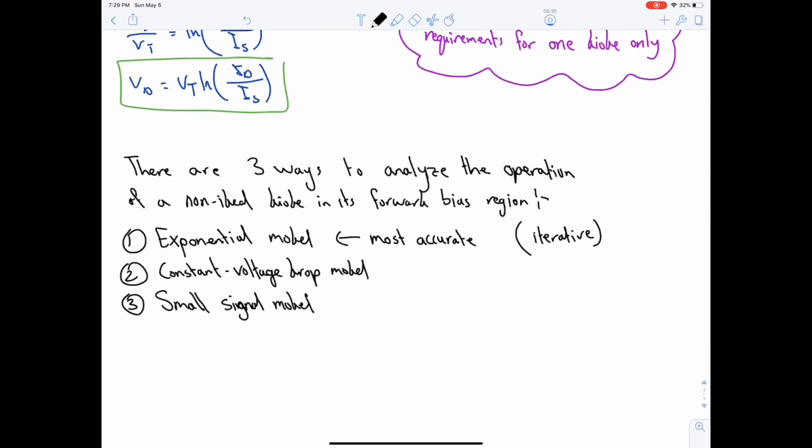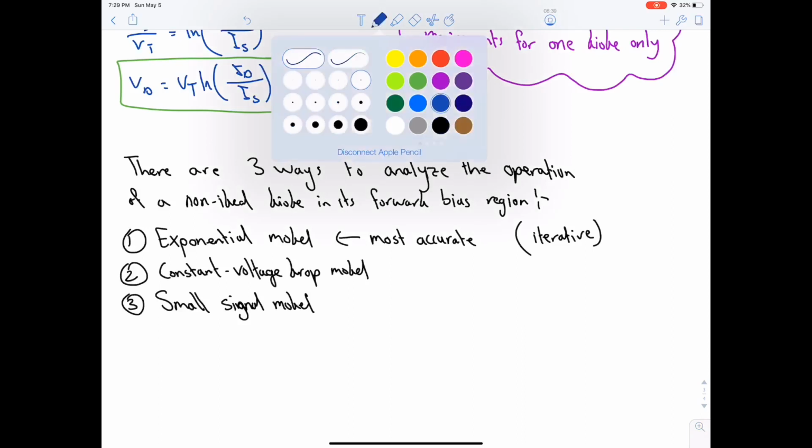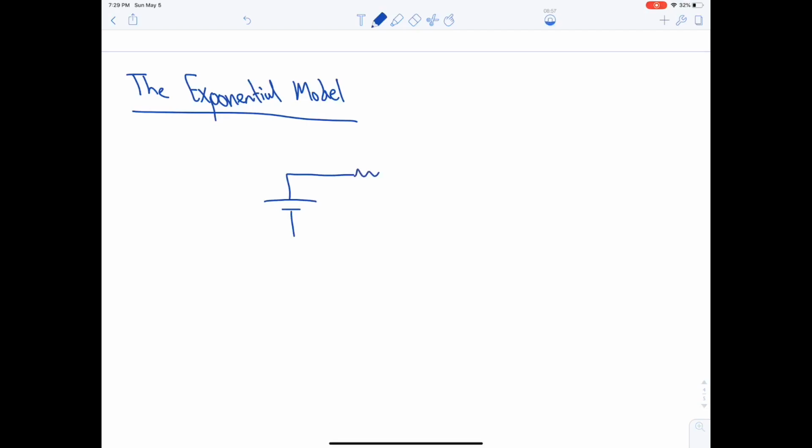Okay, let's begin with the exponential model. Now, if we are analyzing the circuit using the exponential model, let's say we have a voltage source, resistance, and a diode, and you were asked to find I across the diode and the voltage across the diode.